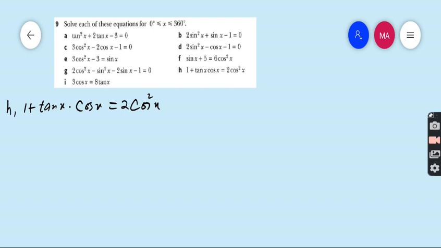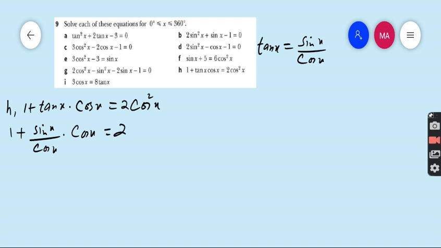Again we are facing two different trigonometric functions. We know that tan x is equal to sin x upon cos x. So 1 plus tan x is sin x upon cos x, dot cos x, is equal to 2 cos square x. This cos cancels this cos, giving 1 plus sin x, and this 2 and cos square x becomes 1 minus sin square x.